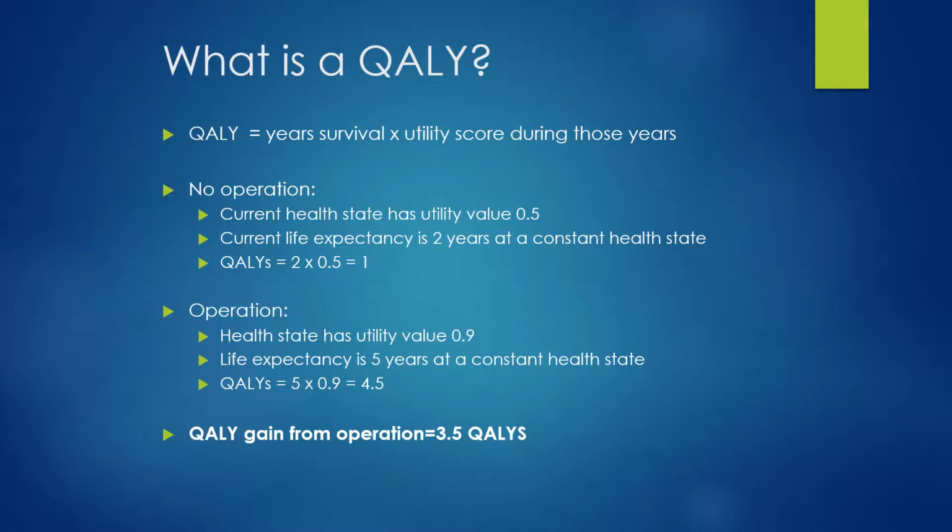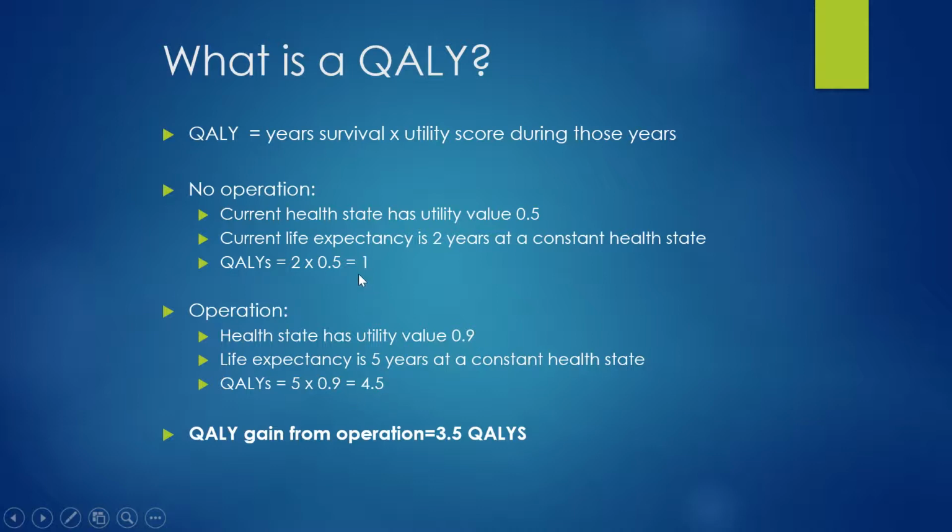If we do the operation, the health state improves to 0.9. So after the operation, a person is able to function and the score on the quality of life measure improves from 0.5 to 0.9. And because it also increases the life expectancy to 5 years, now we multiply 5 by 0.9 and we find 4.5.